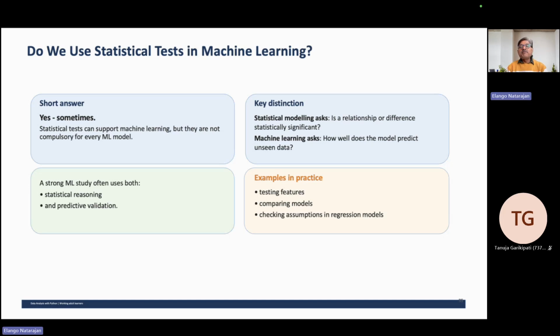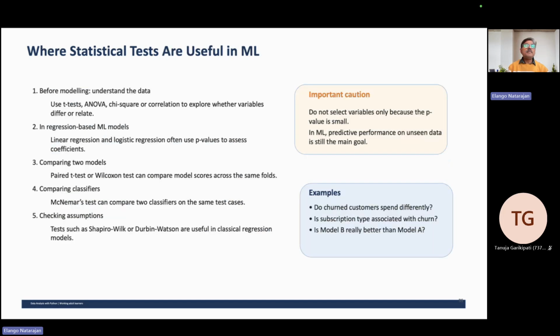Whereas machine learning focuses more on predicting the value for unseen data. But we can combine them together in our analysis, so that the analysis will be better to explain, or better to justify.